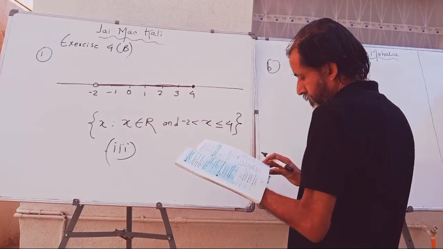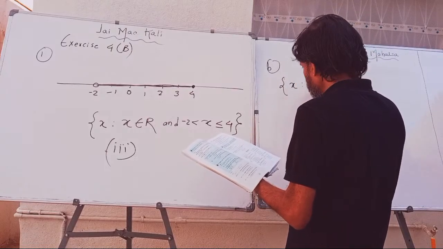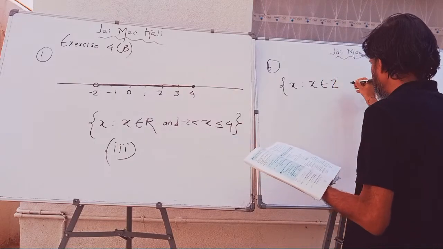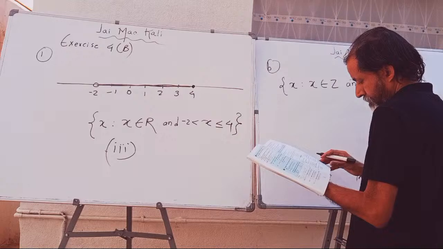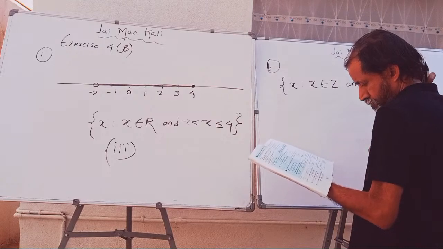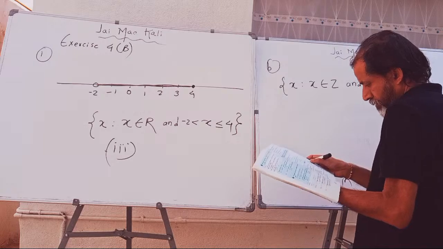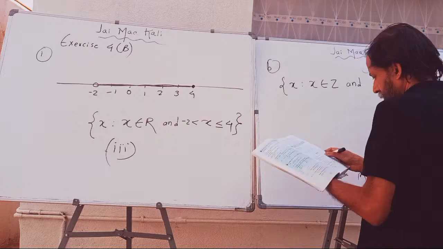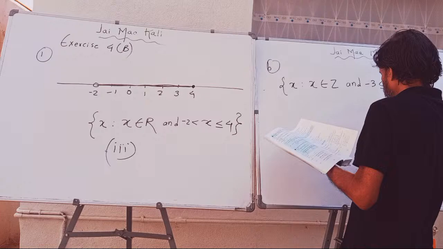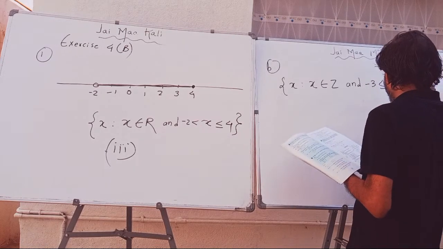So in this case you should see x such that x is an integer and smallest value greater than or equal to minus 3, and it should be 4.